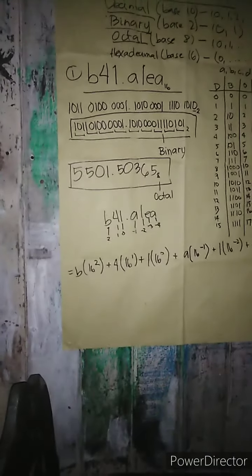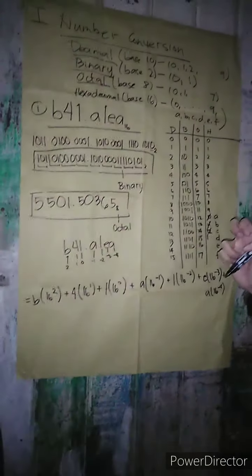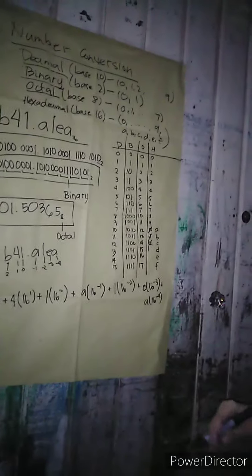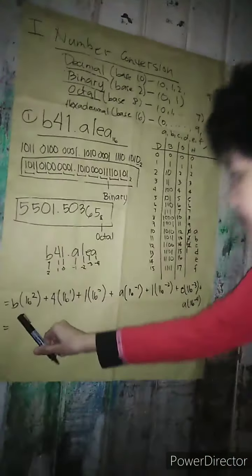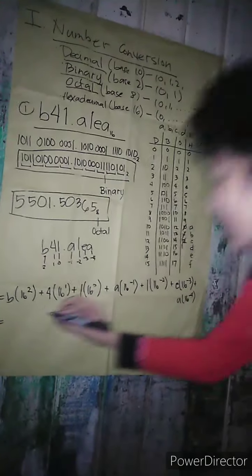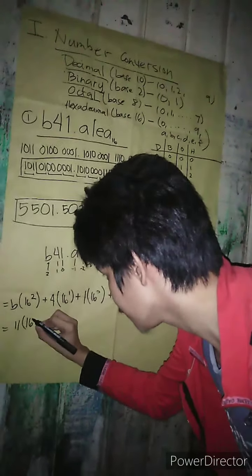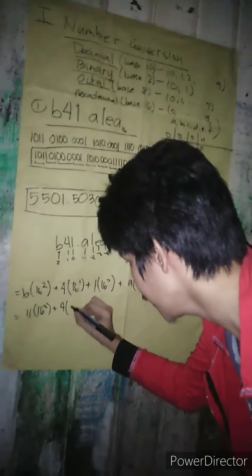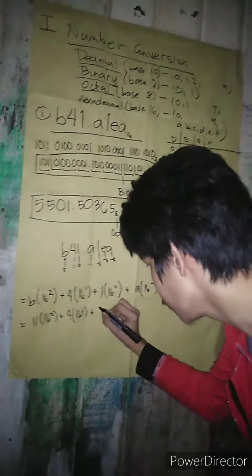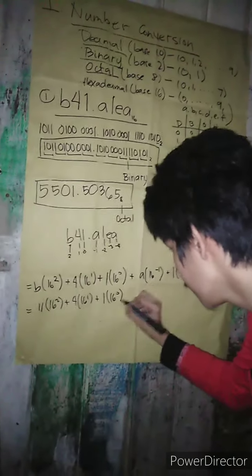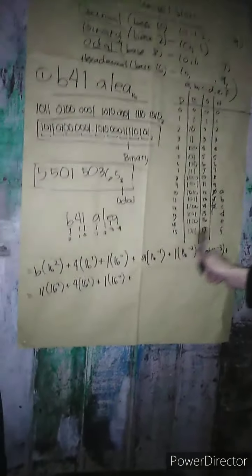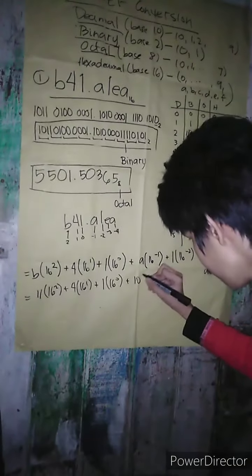Again, these well-known alphabets are not alphabets. They are not variables, but instead they represent digits. So for B, its decimal is 11. So 11 times this thing plus 4, copy paste, plus 1, plus A is 10.